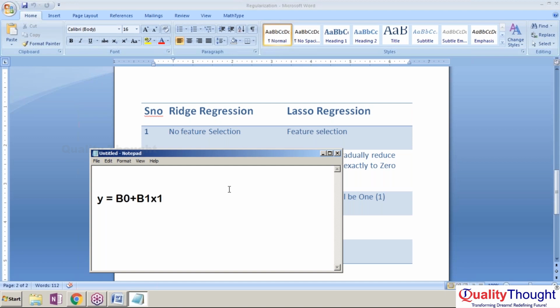And we can always give an error term, instead of sigma I'm just writing e. And we can generalize this one as the sum of bi xi, where i goes from 0 to n.